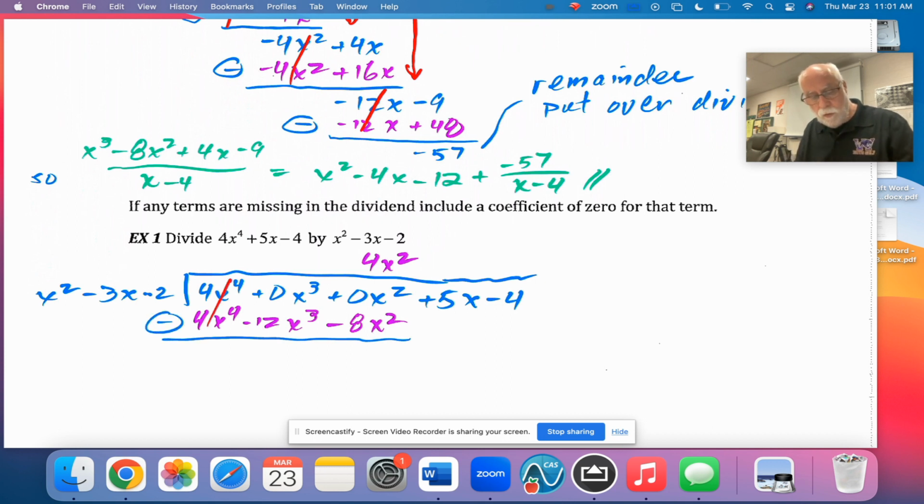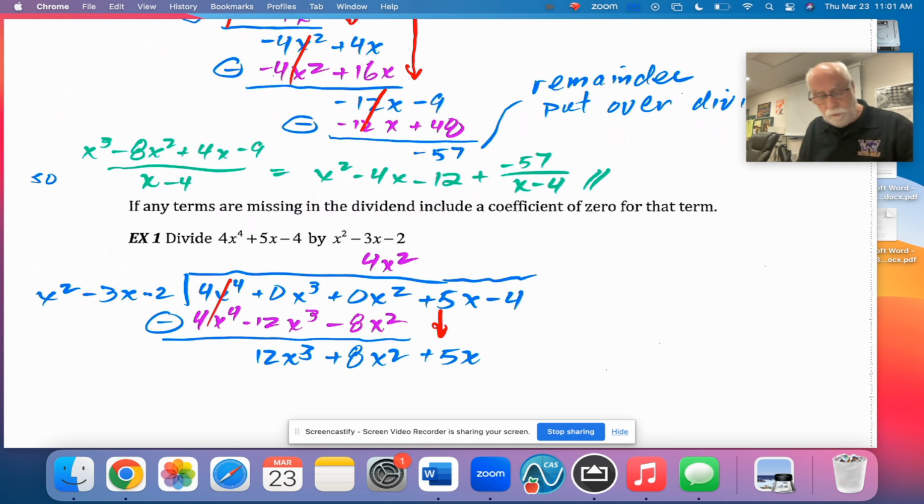So the first ones go away. 0 minus a negative would be 0 plus 12x, so that would give us 12x cubed. That'll give us a positive 8x squared. And then again, bring down the next term, in this case, plus 5x.